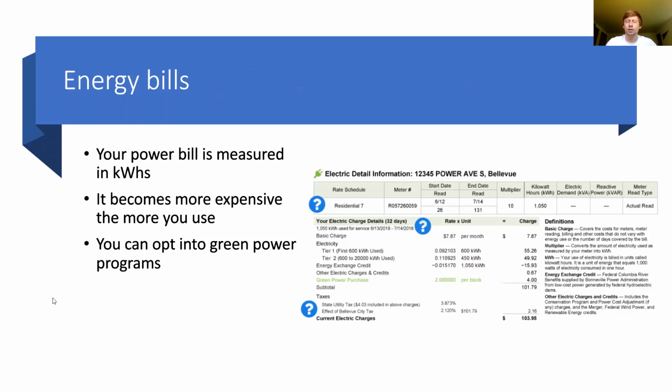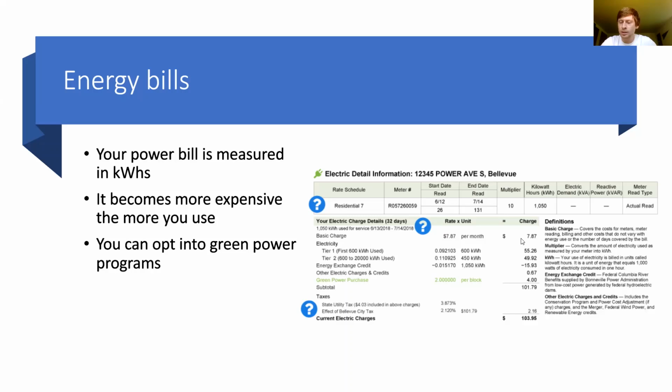Just to get a better idea of these things, I have an example of an energy bill. This one's an example from PSE. So let's start with electricity. Your power bill is measured in kilowatt hours.